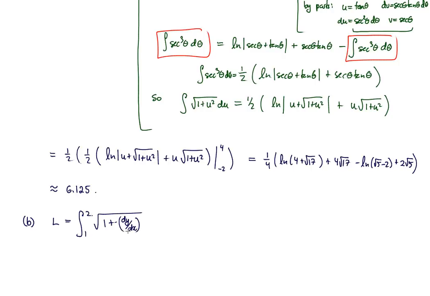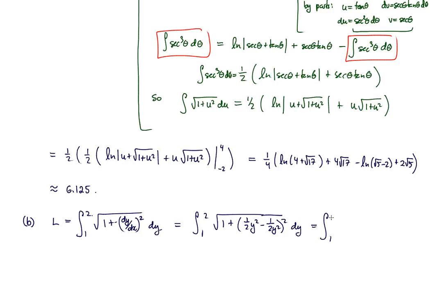Since y is a function of x in that example, dy by dx is the derivative. And so this becomes the square root of 1 plus, and the derivative of that is 1/2 y squared minus 1 over 2y squared, and then that's all squared dy.